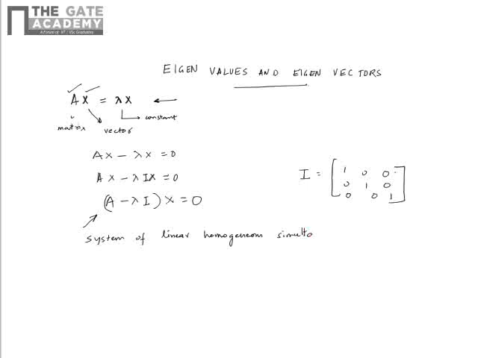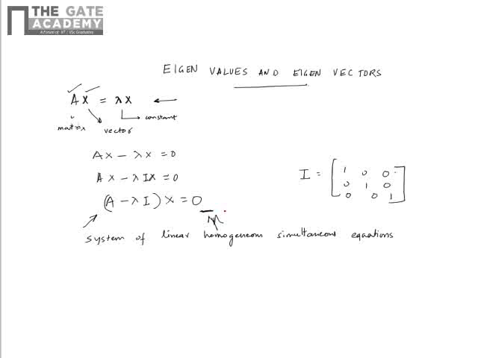If you recall what we have learned in the solution of equations, this is a set of simultaneous linear equations which are homogeneous. Why homogeneous? Because the right hand side is 0.